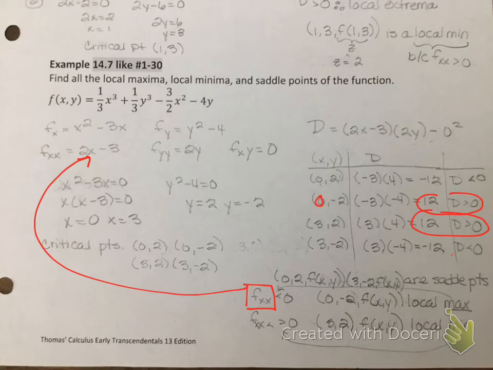I get out a value that is negative. 2 times 0 is 0, minus 3 is negative. So that means I have a local max at 0, negative 2, f of xy.